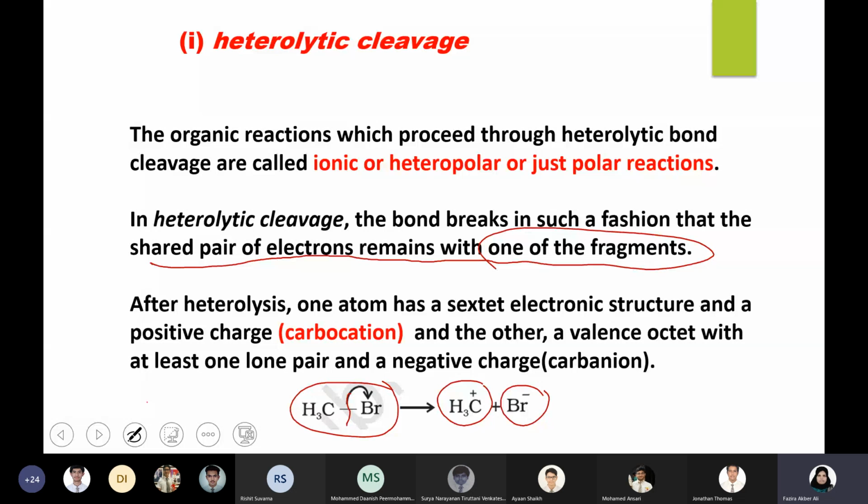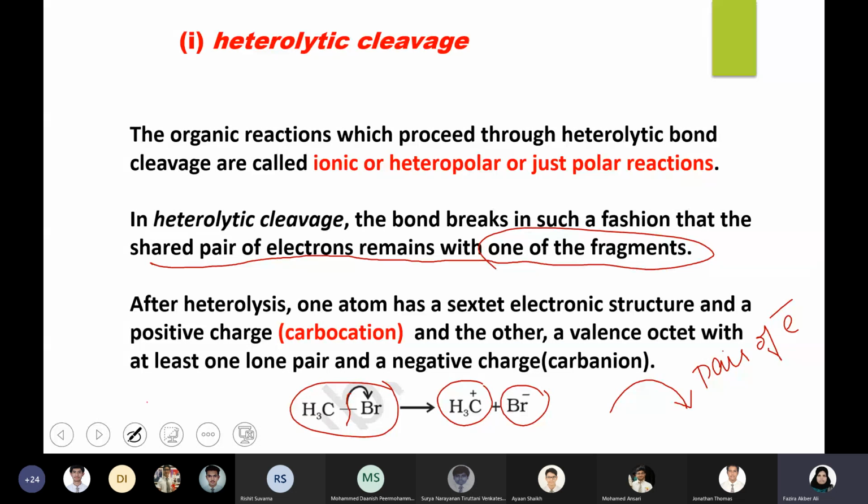You can see the arrow used is a full arrow with the head, meaning a complete transfer of the pair of electrons takes place. The pair of electrons moves from the center, the middle portion of the bonded atoms, and is completely transferred to one of the fragments. That is what happens in heterolytic cleavage.